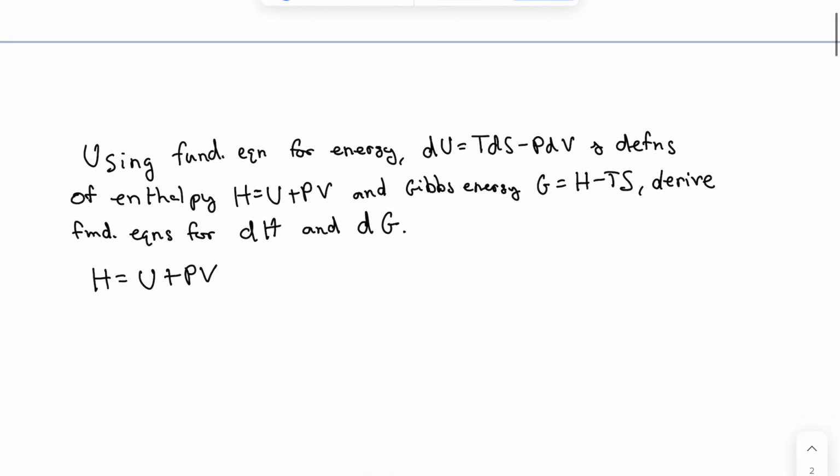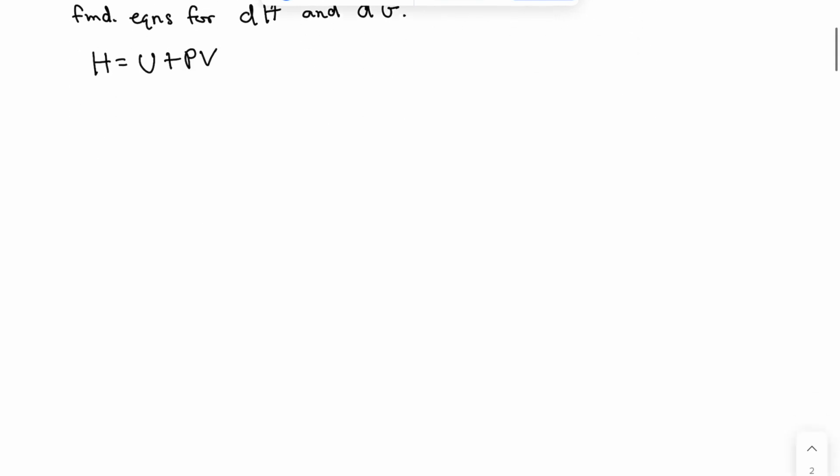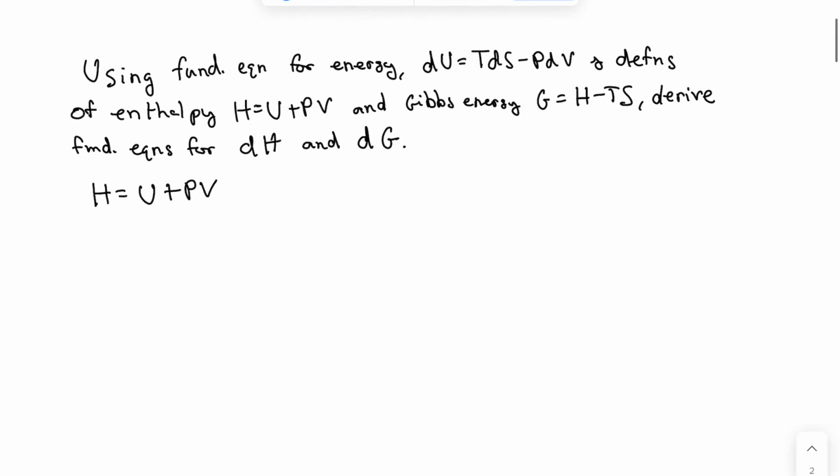Okay, the next one here, we'll get the corresponding equations for H and for G. You can definitely take a minute to try to do these. They're very similar to what we've done before, and then I'll show the solutions in a minute. Okay, so first for H, I have dH is equal to dU plus PdV plus VdP.